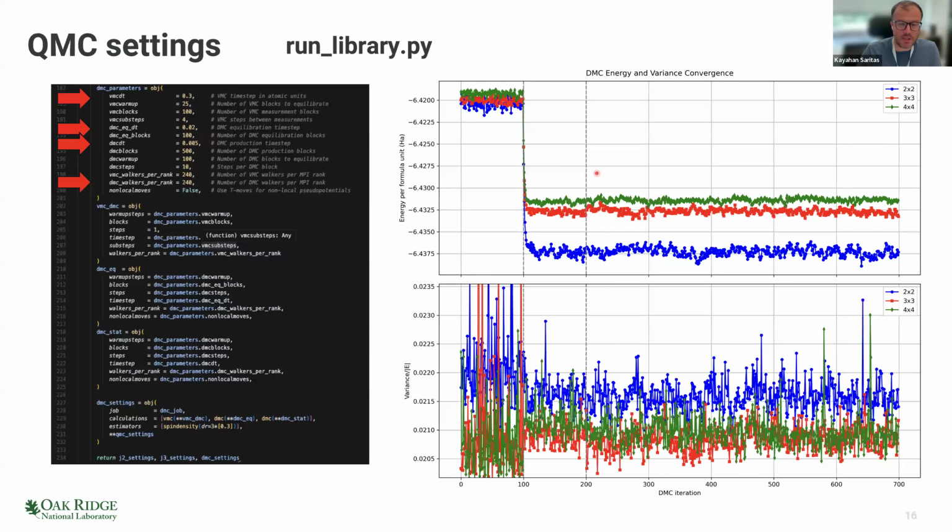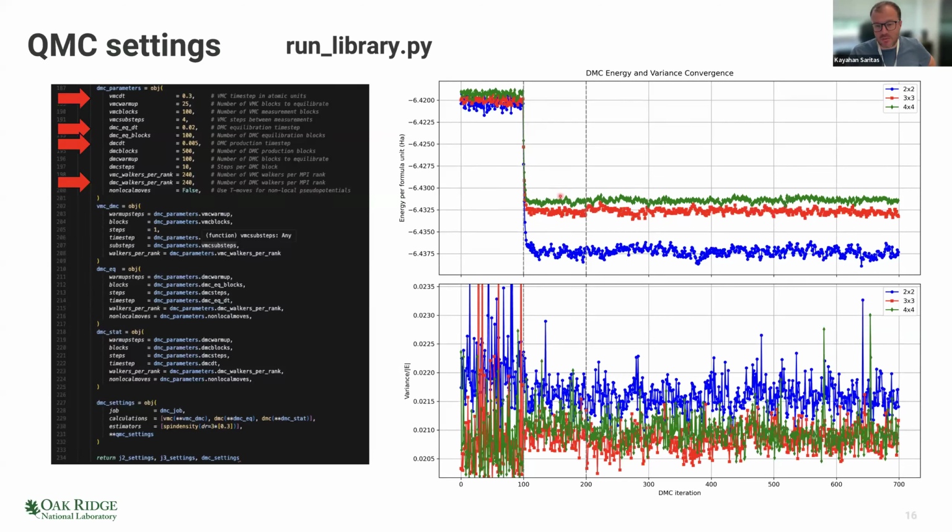This equilibration part is using a larger time step to achieve that convergence much sooner. You can see that even within maybe 20 or at most 30 steps, you're able to achieve converged DMC configurations using this time step. And I think I was a little bit too cautious in choosing 100 steps for the equilibration part.